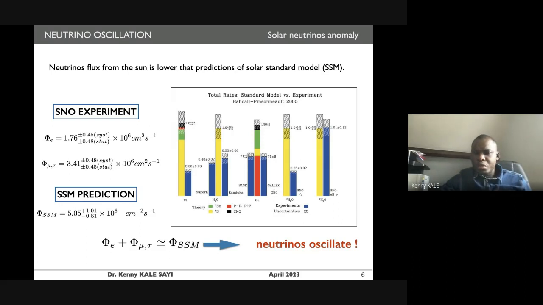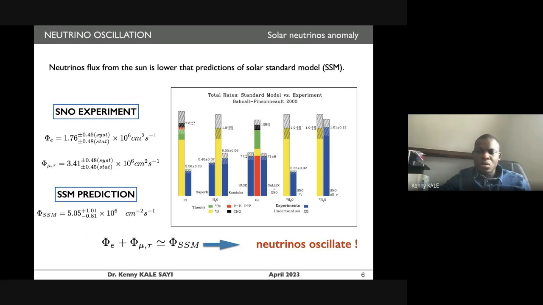And there was an experiment, still going on, that we call the SNO experiment. And before SNO, other experiments tried to identify, to detect the neutrinos emitted from the sun, okay?